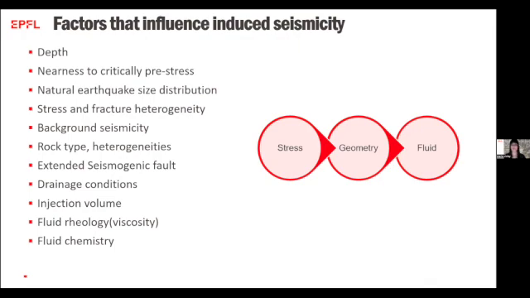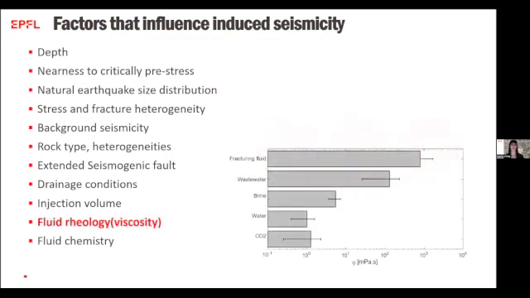And there is a parameter that we can control when, for example, stimulating a reservoir: the fluids. And in particular, we can control the injection volume, the fluid rheology, and the fluid chemistry that we inject to stimulate our reservoir. And today, I would like to focus on one parameter that is the fluid rheology, and in particular, the viscosity of the fluid.